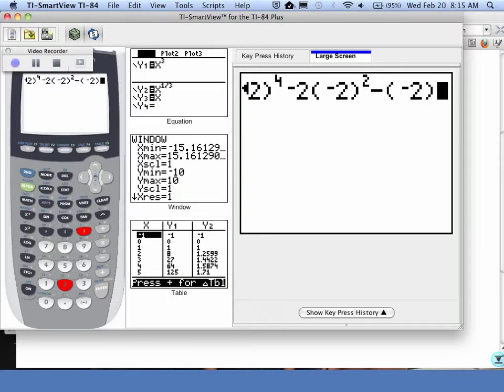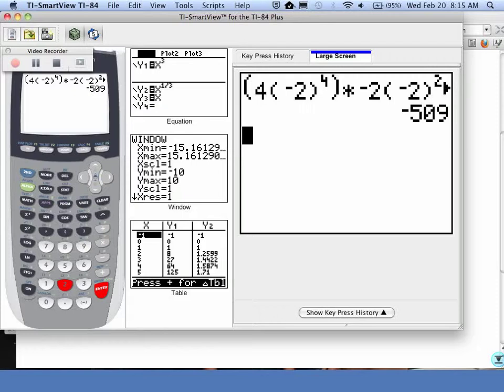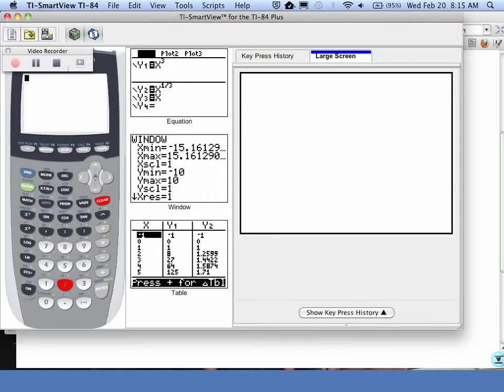Wait, where'd you get the negative 2? I got 50. Error. The last one isn't supposed to be squared.